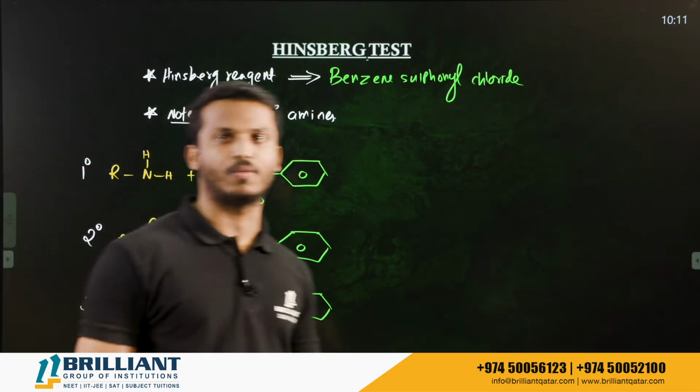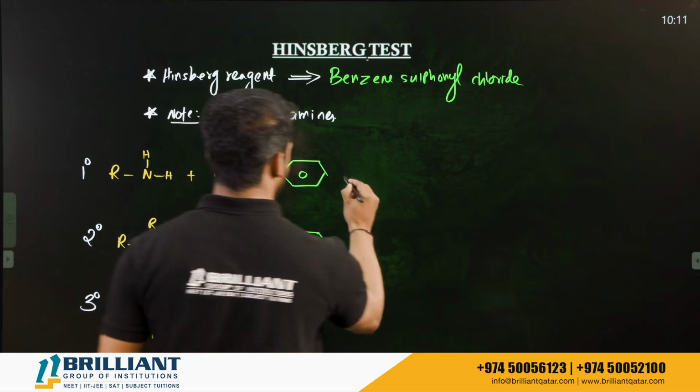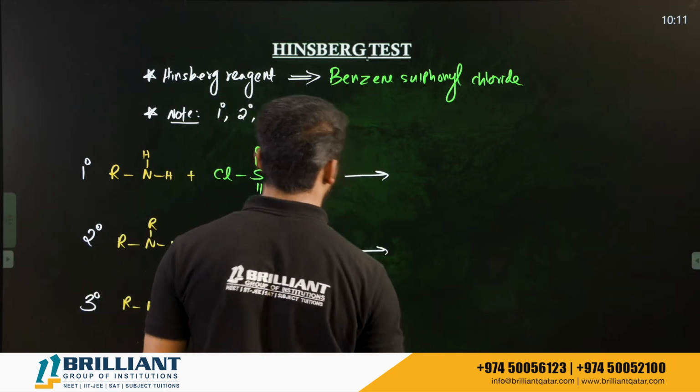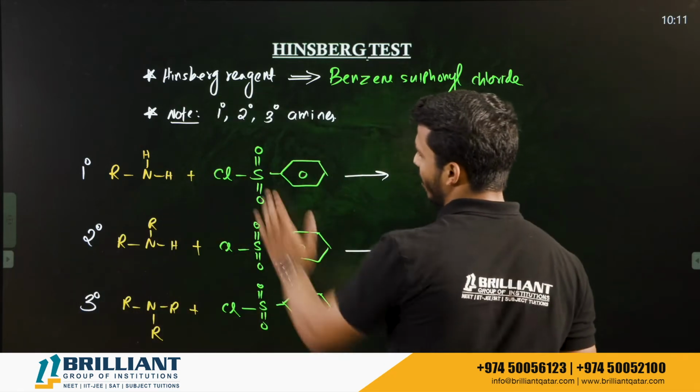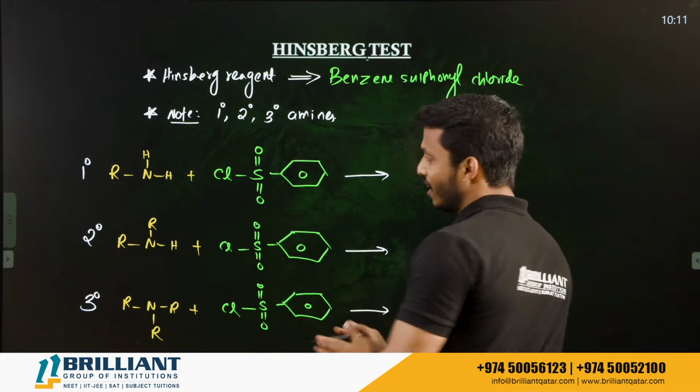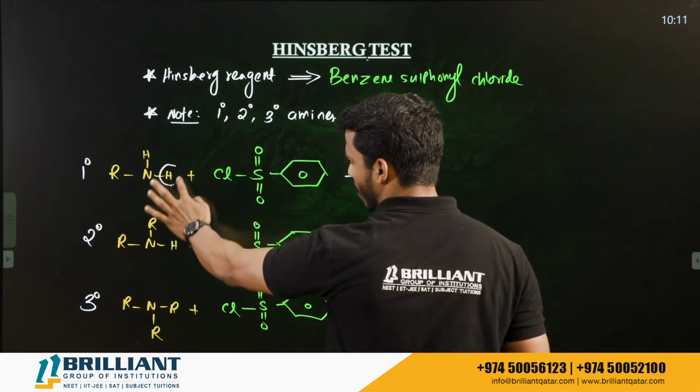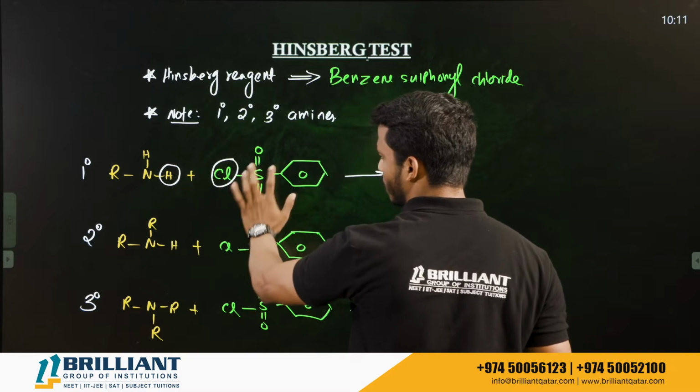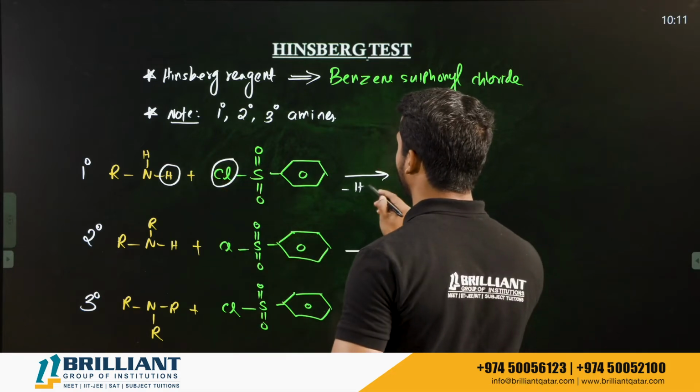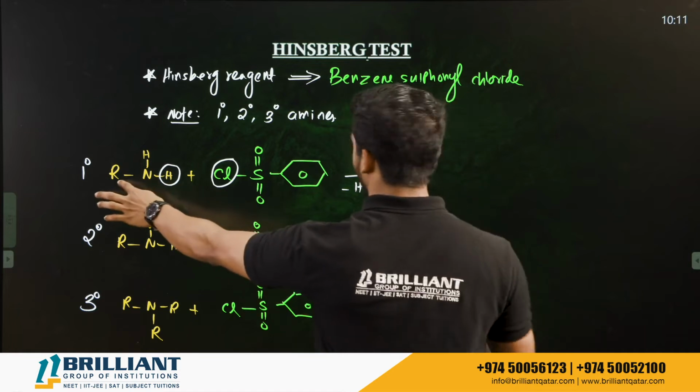Let me react them with our Hinsberg reagent. These are very simple reactions to understand, all of you. You can see why we purposefully drew it like this. There is a hydrogen from this amine and a chlorine from this Hinsberg reagent, and they are removed as HCl. Please club them, dear all. What do you have?